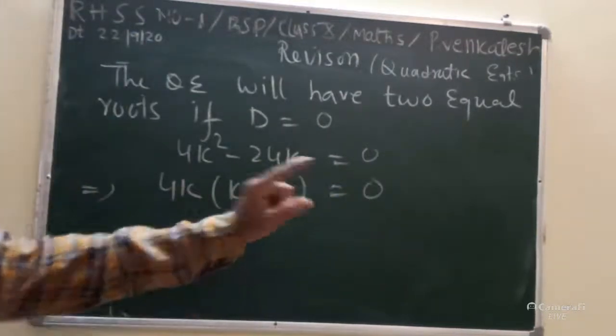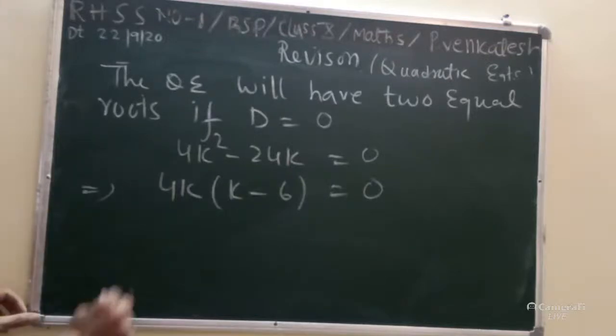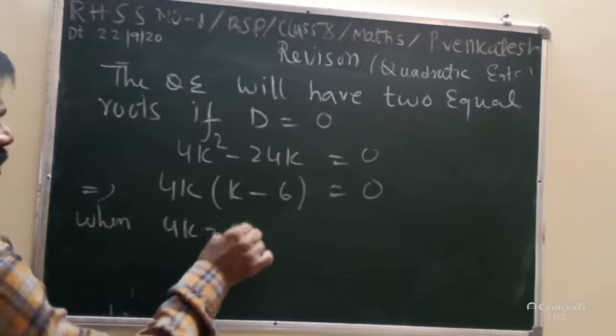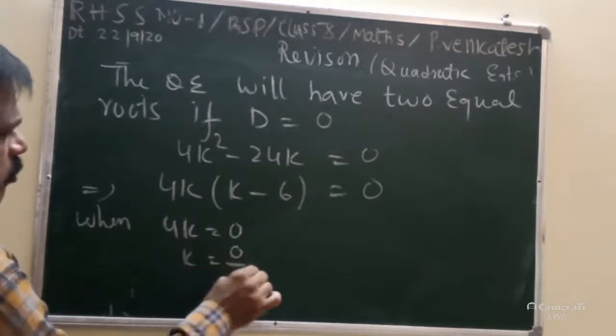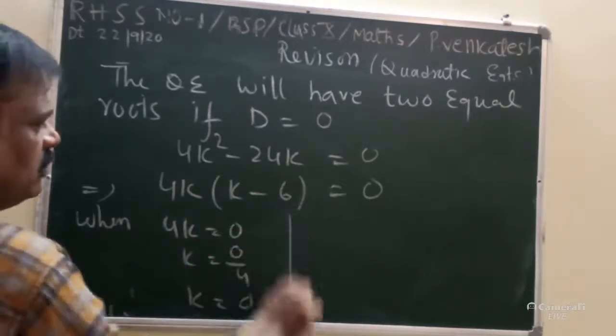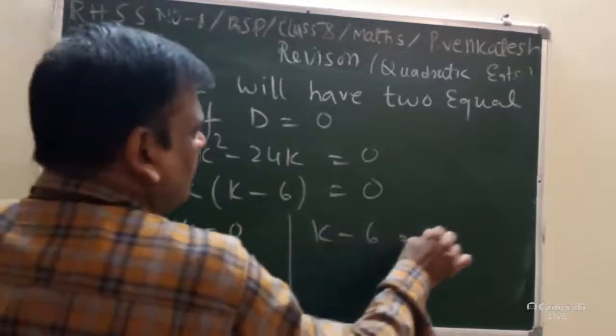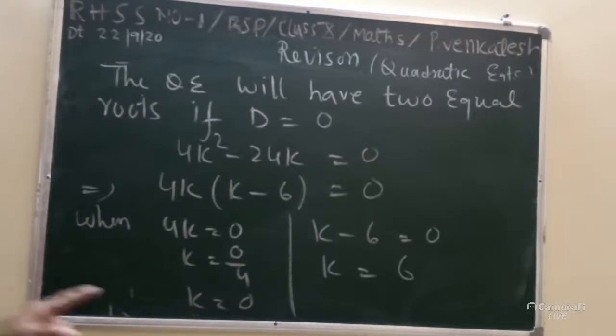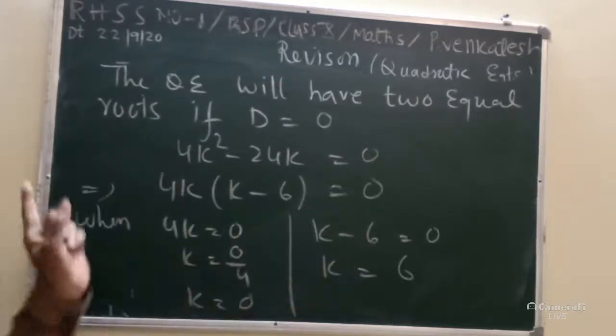This into this equal to 0 means either of them will be 0. When 4k equal to 0, k equal to 0 by 4, or you can say k equal to 0, or k minus 6 equal to 0, k equal to 6. Now you got two values, 0 as well as 6.